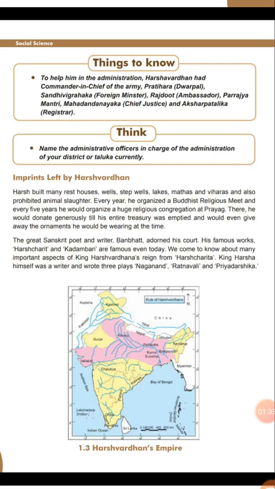And the last one is the Akshar Patalika. Akshar Patalika means the registrar. Akshar means letters. So you can say who keeps the official records, right? So that is the registrar. These were the, you can say, the categories who helped Harshvardhan in the administration system.